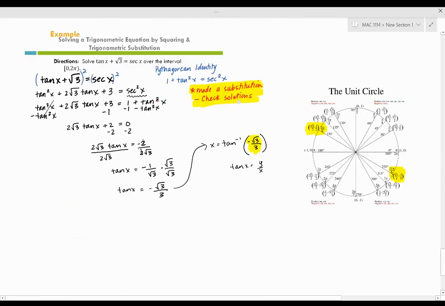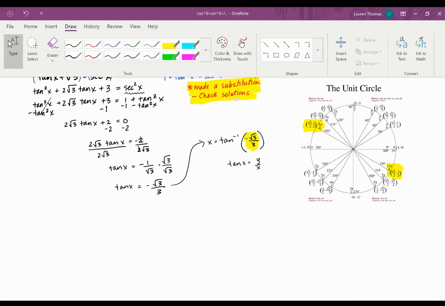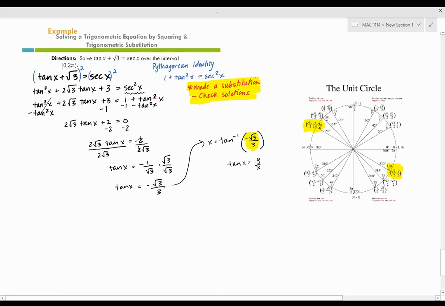All right, let me change my pen color. All right, so we're checking our solutions. The two answers we got were x equals 5 pi over 6 and 11 pi over 6. So I'm going to check 5 pi over 6 first.